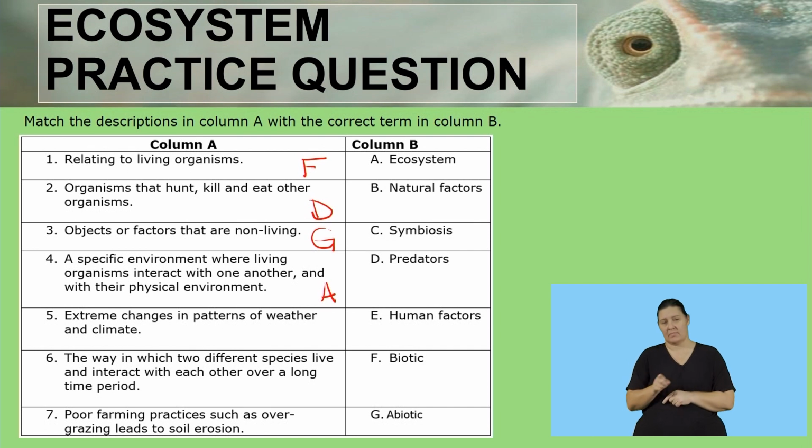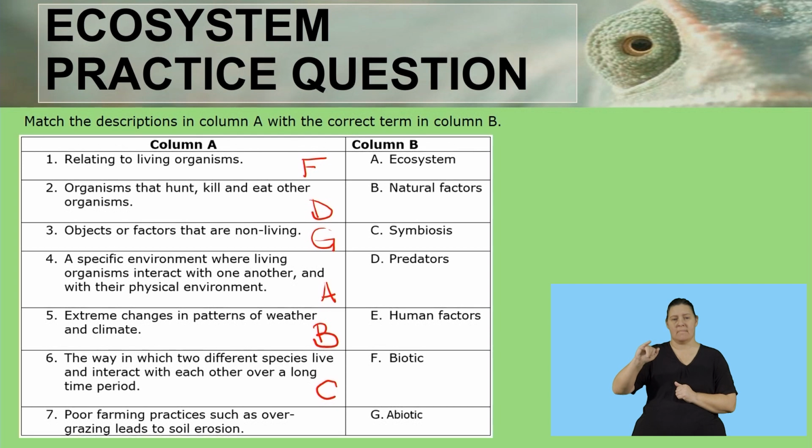Again, if you go to B, our answer there would be B. Excuse the pun. Number 6 is the way in which two different species live and interact with each other over a long period of time. So this is C, which is symbiosis.